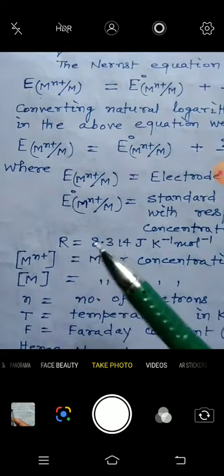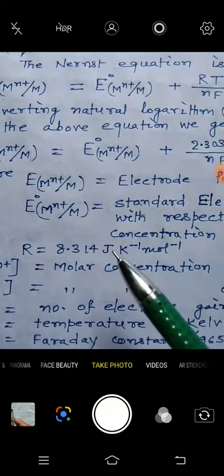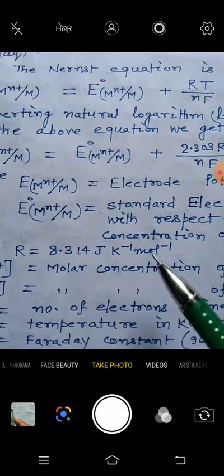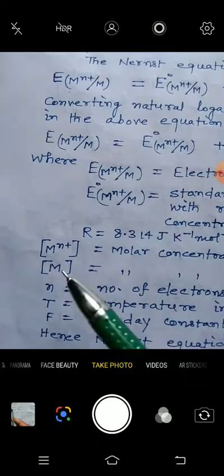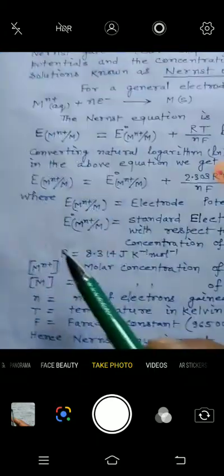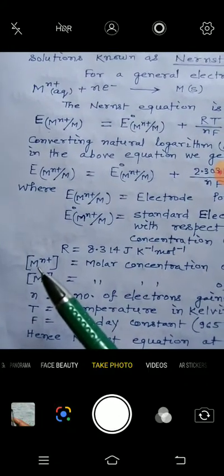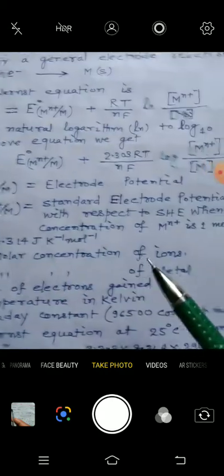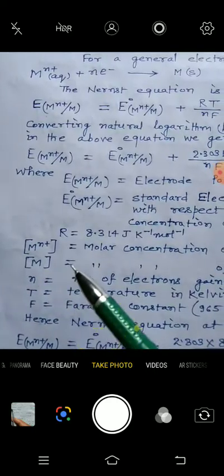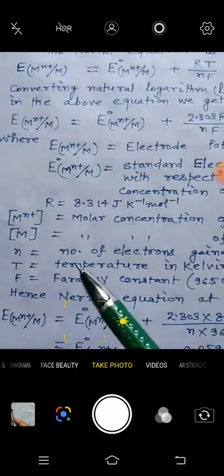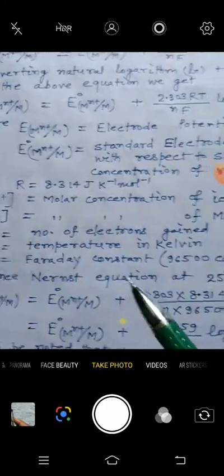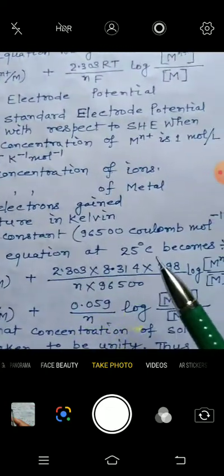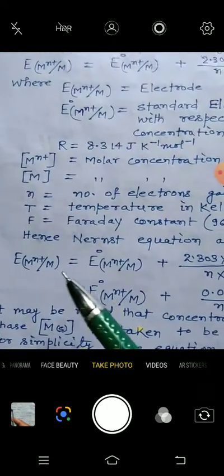R is equal to 8.314 joule per Kelvin per mole. The concentration of M^n+ is the molar concentration of ions, and the concentration of M is the molar concentration of metal. n is the number of electrons gained, T is temperature in Kelvin, and F is the Faraday constant, that is 96500 coulombs per mole.